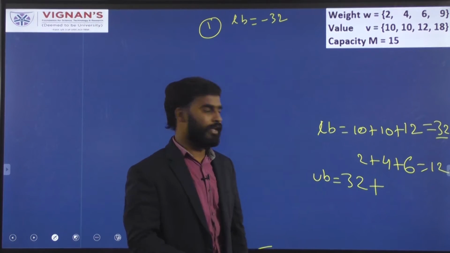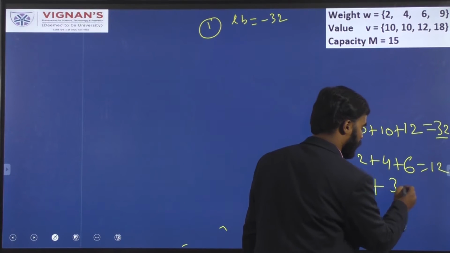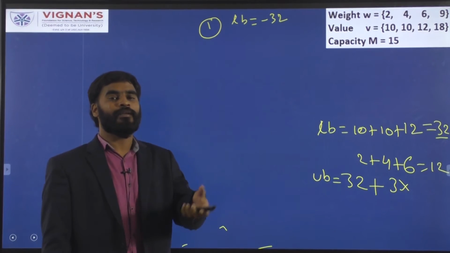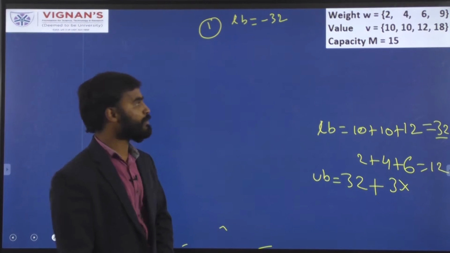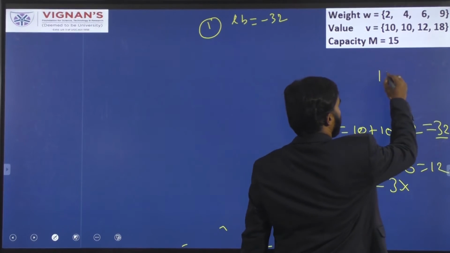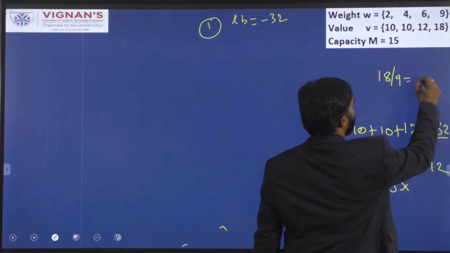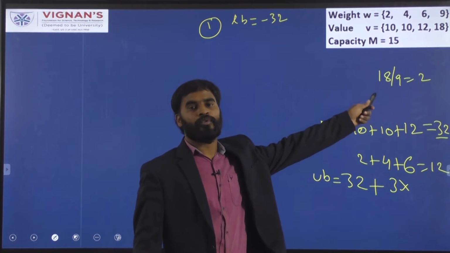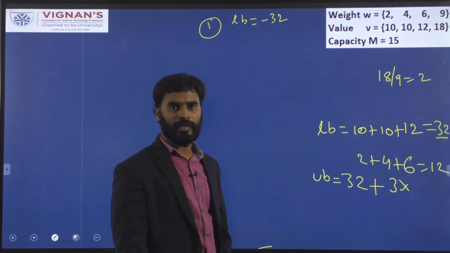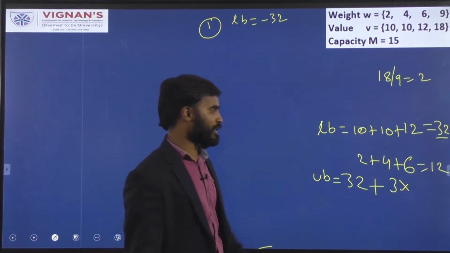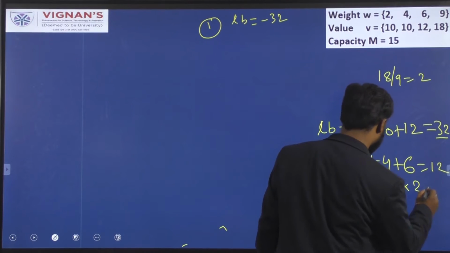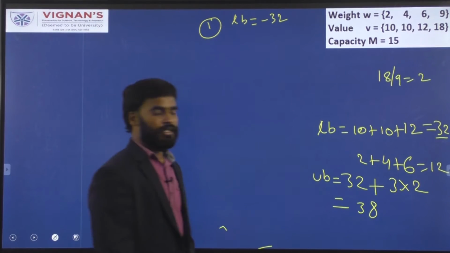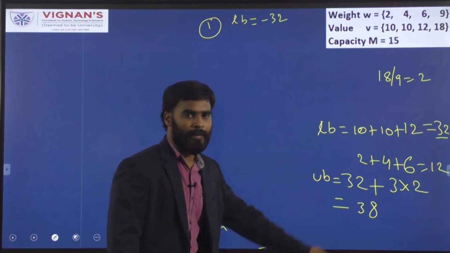The remaining capacity is 3. 3 into the profit of the next item. The next available item is the fourth, and its profit is 18 by 9, which is 2. So this is the profit for 1 kg. We have to add 3 kgs, so 3 into 2 is 6, giving 38. So this is the lower bound and this is the upper bound.